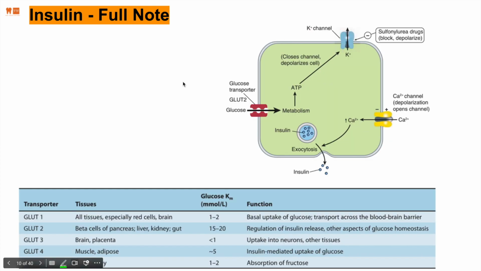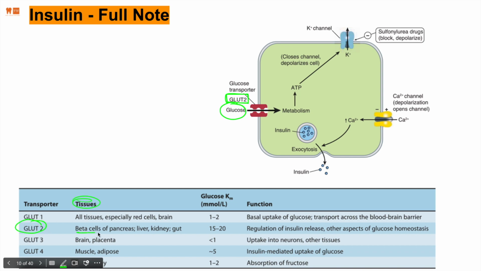Now let's talk about certain ways that glucose triggers the release of insulin. Okay, so here it is. First of all, we have glucose. Glucose is now attached from the blood to the beta cells using GLUT2. So let's draw our attention to GLUT2. Where does it exist?